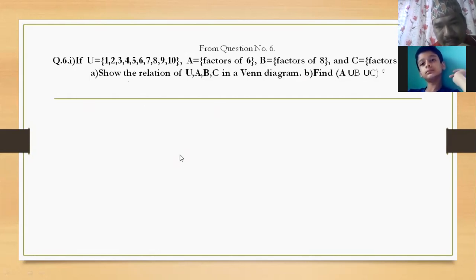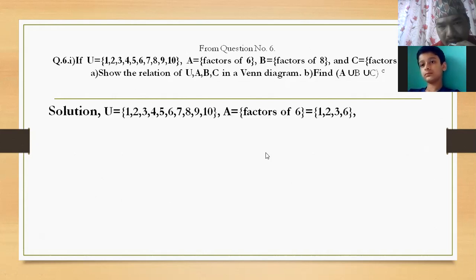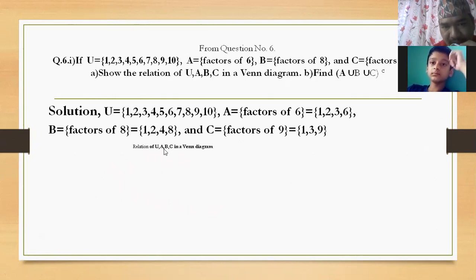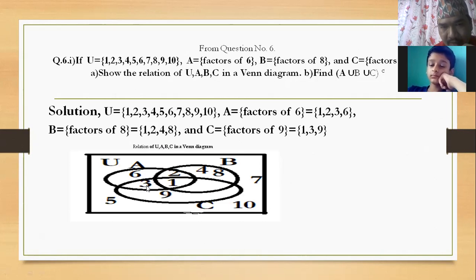As I told you, first of all we write them in listing form. The first part asks to show the relation of U, A, B and C, the universal set, set A, set B and set C, in a Venn diagram.